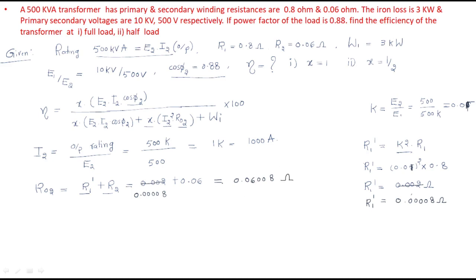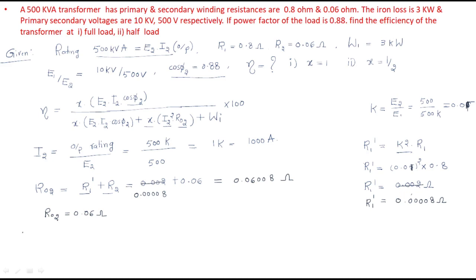So approximately we can write R02 value as 0.06 ohms only. We will not consider these terms because it becomes a value of the order of 10,000 like that.